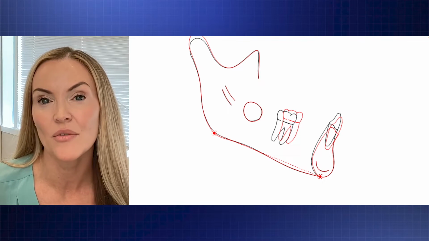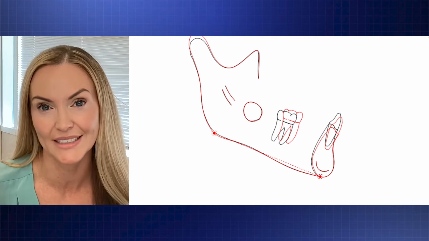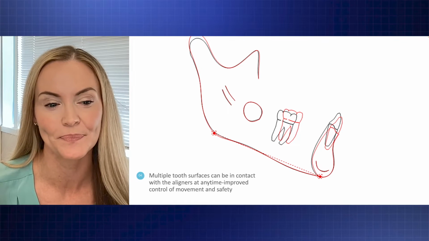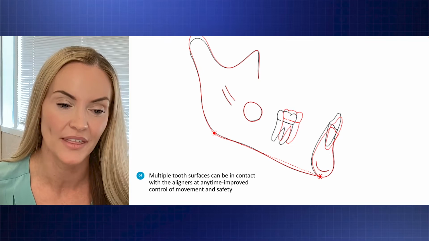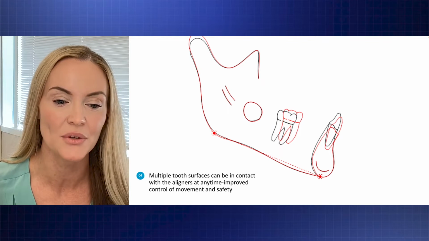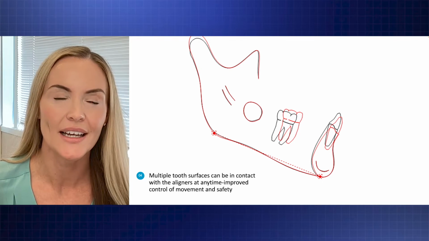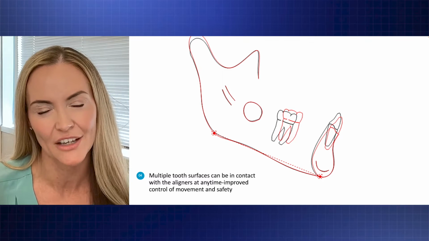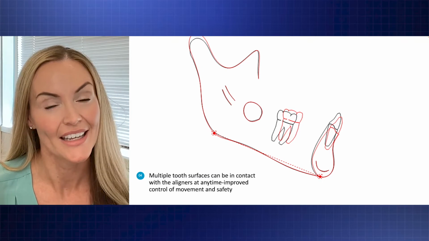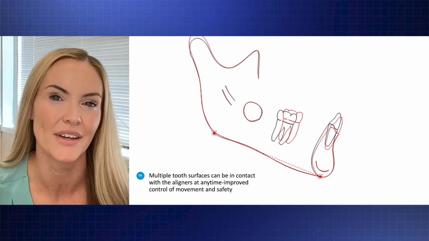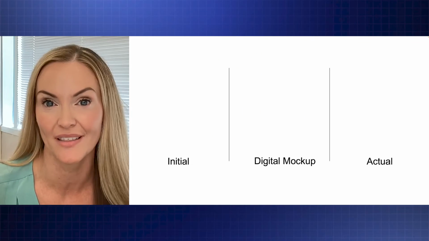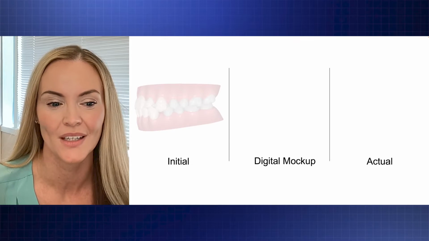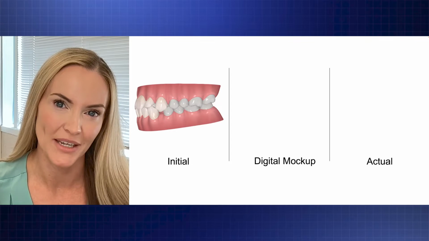And as you can see, very minimal proclination of the lower incisors during her treatment. So those multiple tooth surfaces in contact with the aligner and the tooth engaging provide a bit more safety. If you didn't plan it in your treatment plan, it usually won't happen. The only side effect of clear aligners really is unwanted intrusion, and that's one of the things that we're looking to avoid.